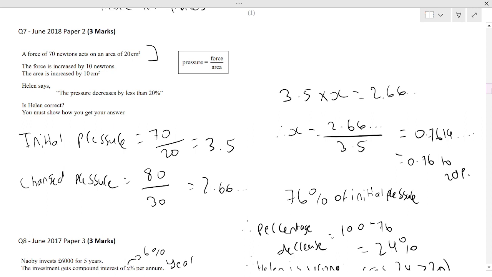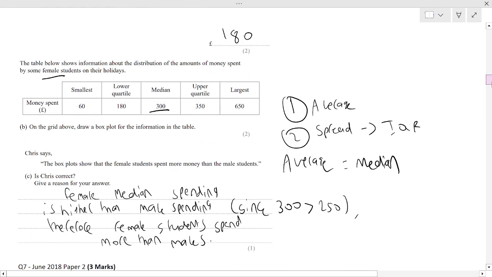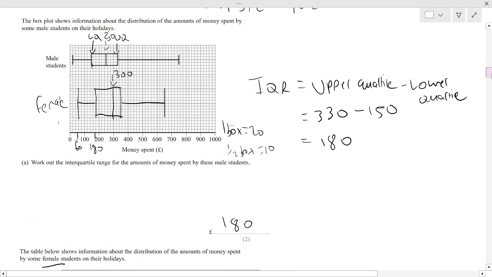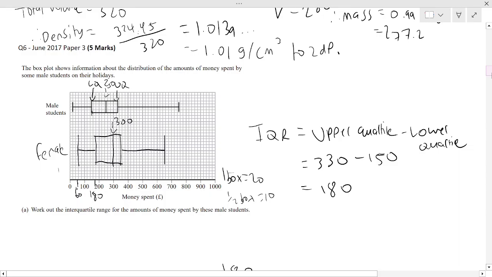Yeah, that's fine. Yeah. Question... 180 for the interquartile range.